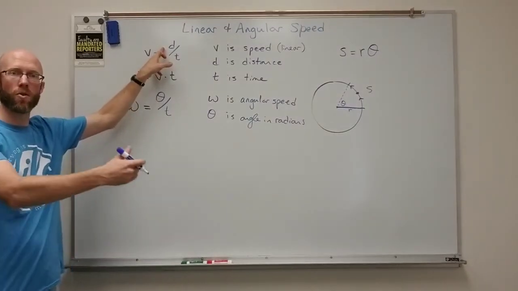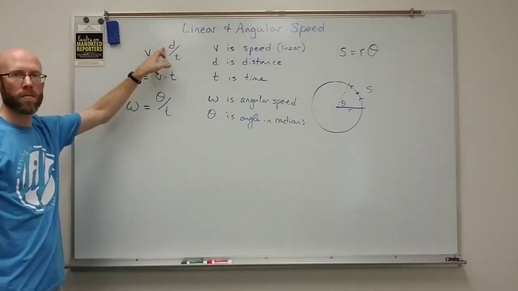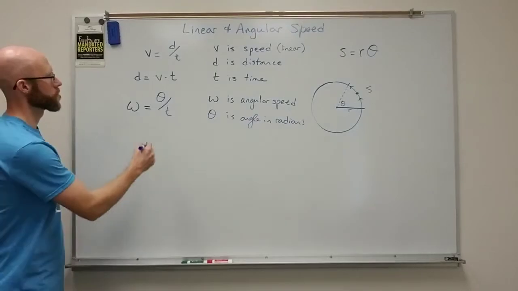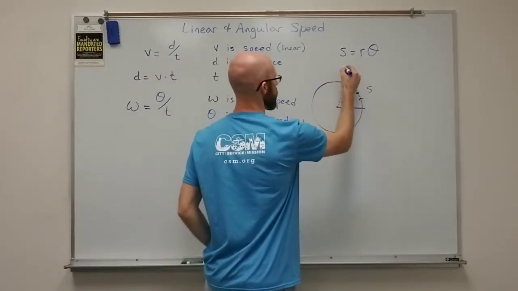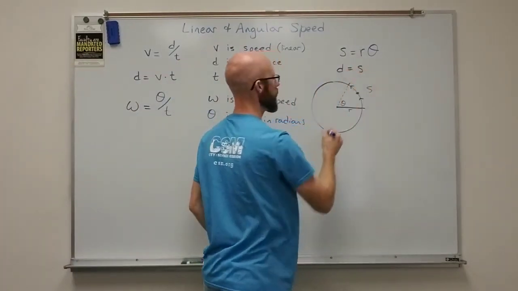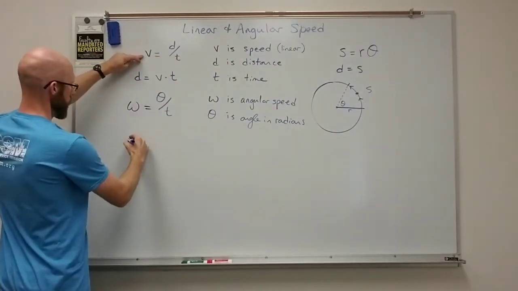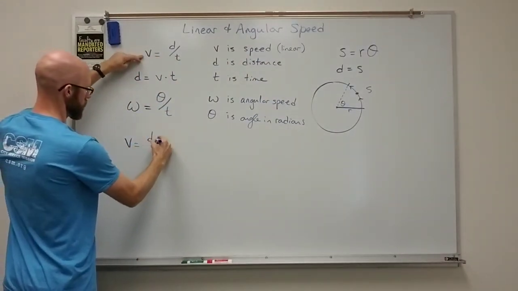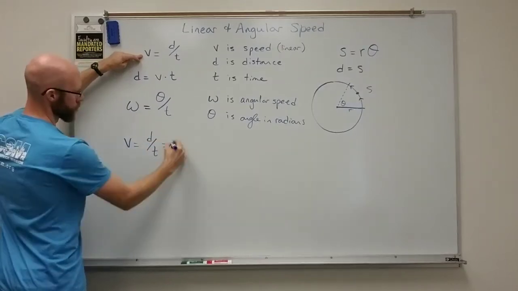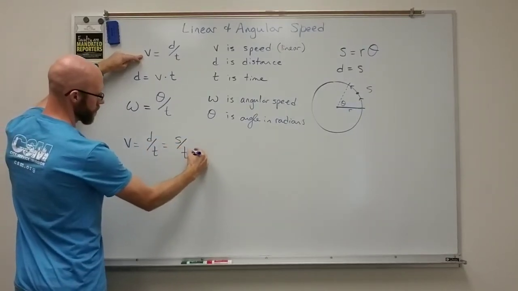The distance traveled or the arc length are the same. And so in this scenario, d and s are equal to each other. And so our linear velocity, d over t, is really s over t.